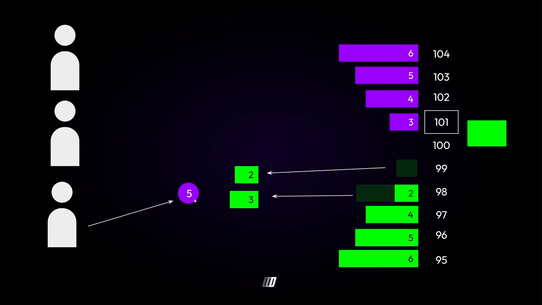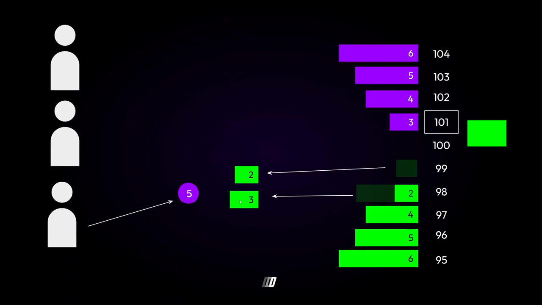So this order got slipped, and some of it got filled here and some of it got filled here. So the average price of this trade will actually be somewhere around the middle, because I paid 99, I paid 98, so probably the average is like 98.5 or something, right?